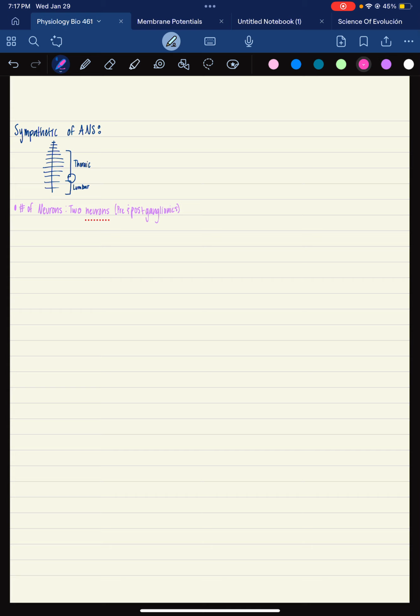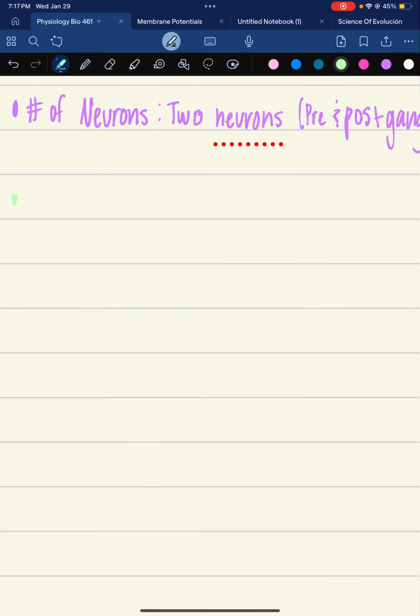And so the location of ganglia is near the spinal column. So there's the sympathetic chain and the collateral ganglia.